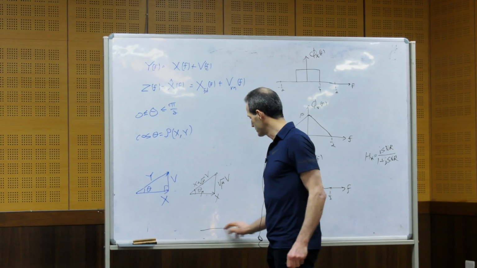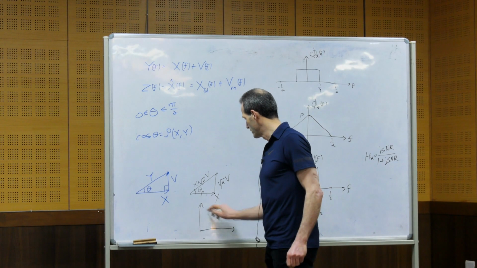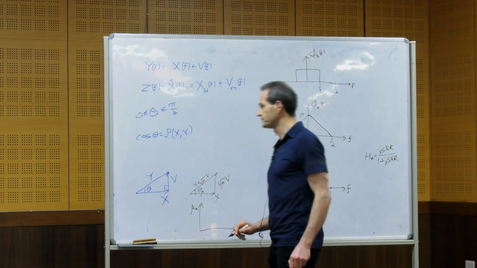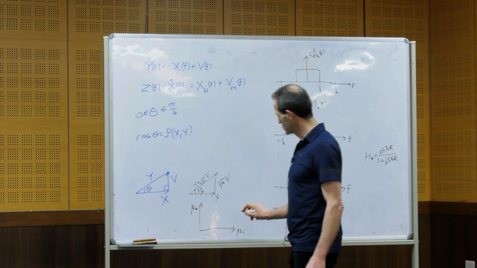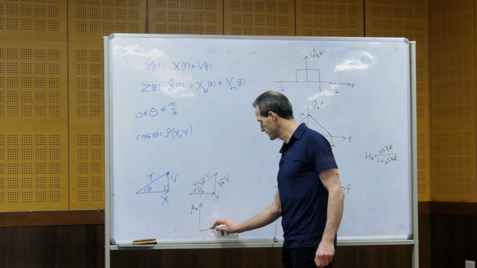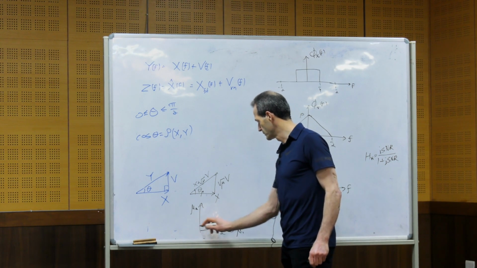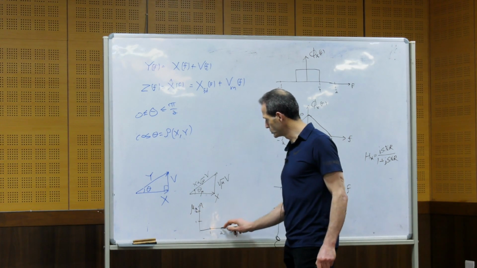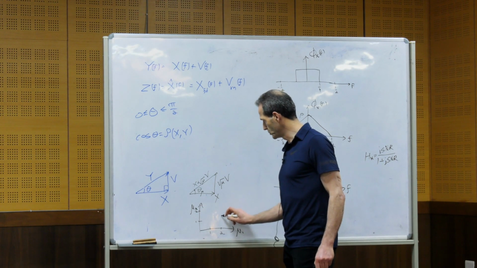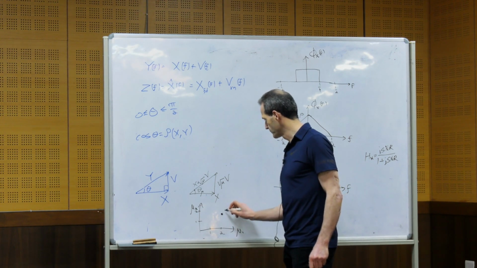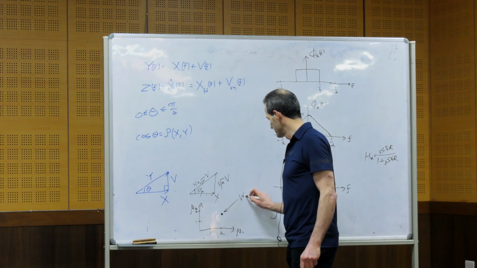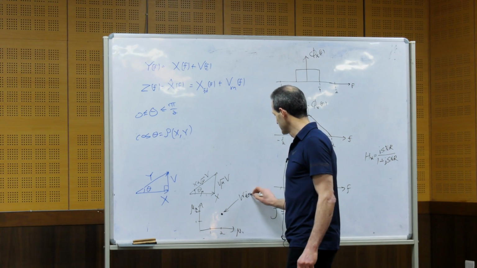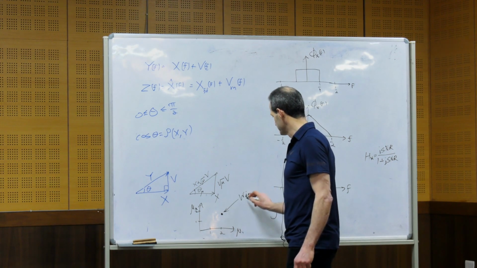If I see a map as a function of mu1 and mu2, let's say here 1, here 2, here 1, here 2. If mu1 equals 2 and mu2 equals 1, this is the Wiener gain.